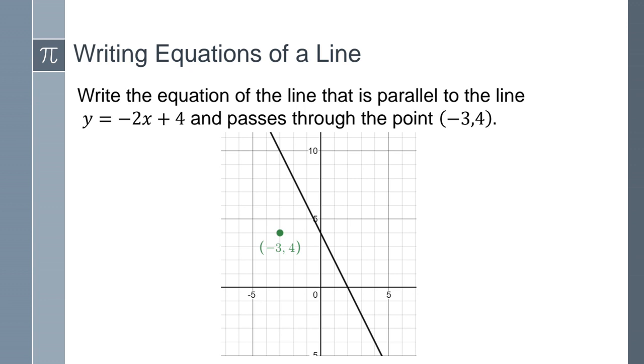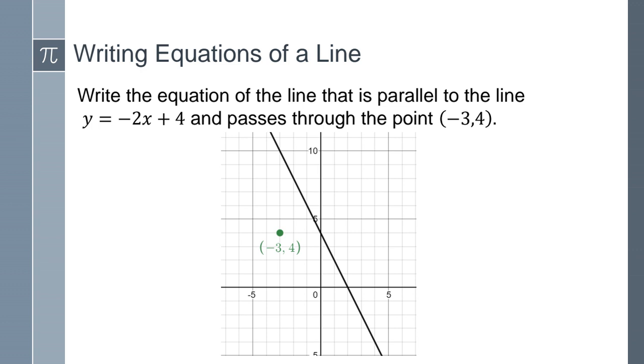The first thing is that this equation has a y-intercept at 4. So I would go to the y-intercept, 0, 4. And then I would use my slope to get the other point, because all I need is 2 points to draw a line.